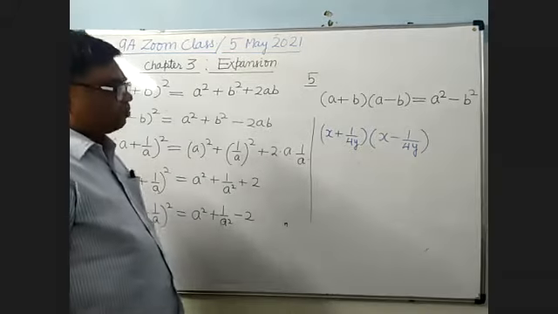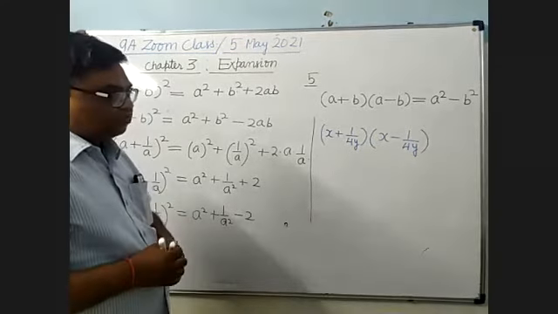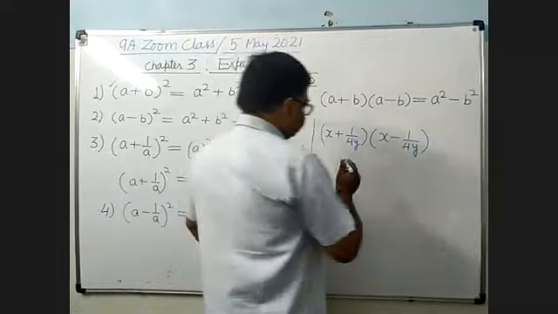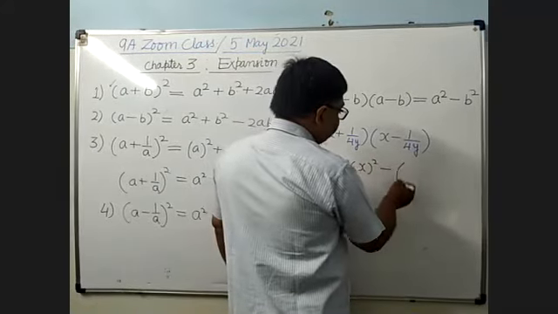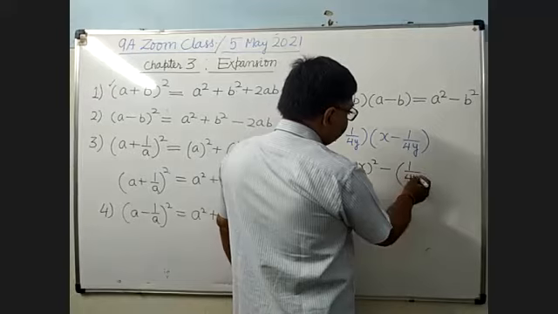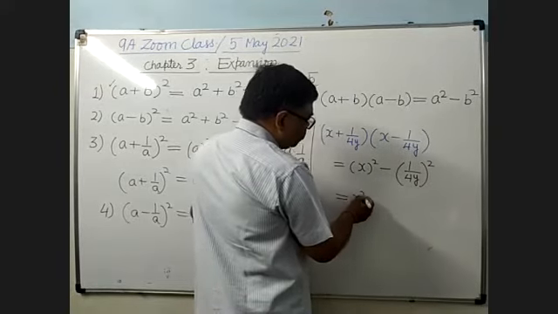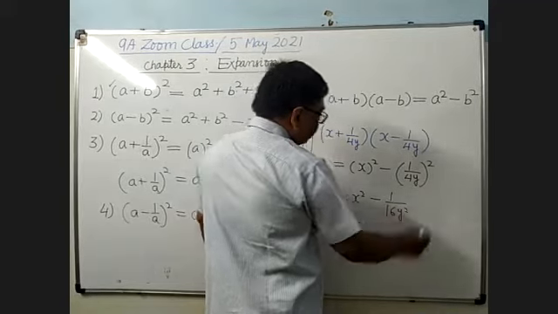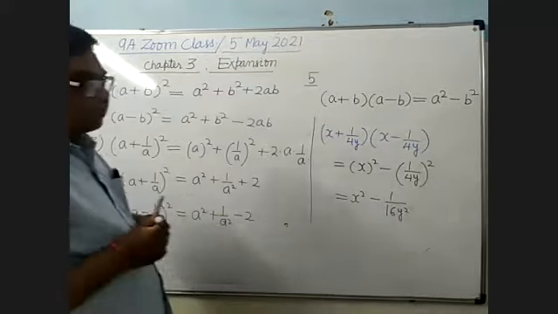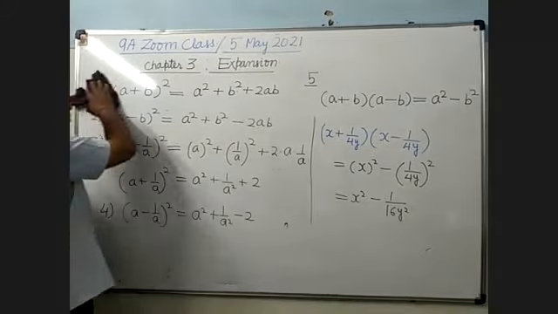And in place of b? 1 upon 4y. So it will be x whole square minus 1 upon 4y whole square, that is x square minus 1 upon 16y square.